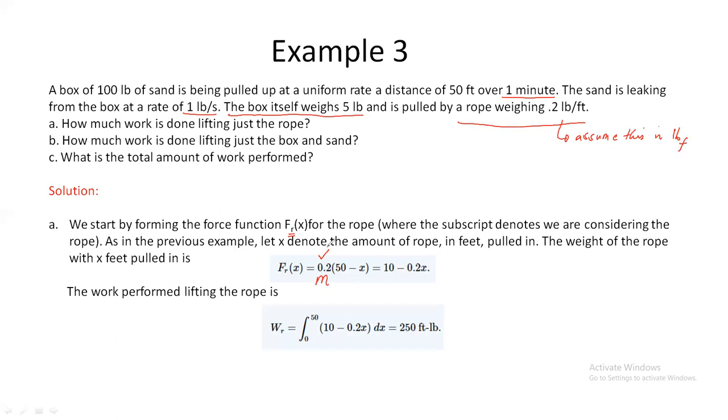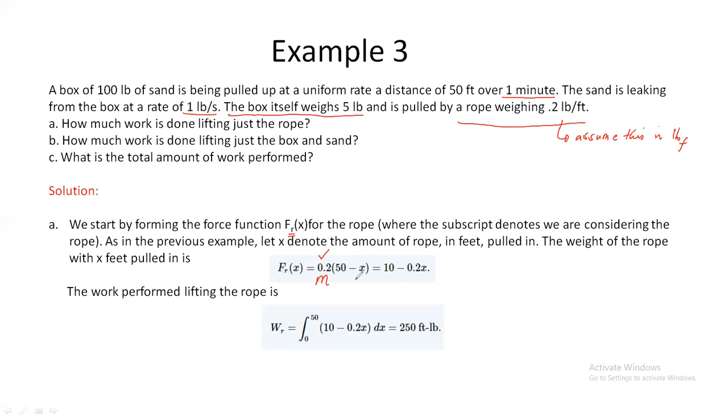So this is the mass or the weight, and this is the amount of rope that is still hanging, because x is the amount that is pulled in. And if the rope is to be pulled in a distance of 50 feet, then the remaining part is 50 minus x, because it was already pulled in x feet.